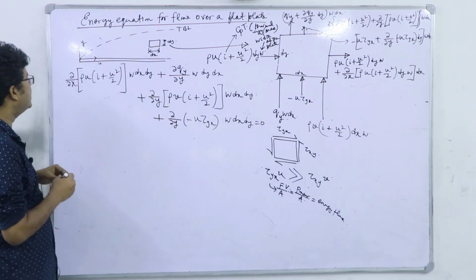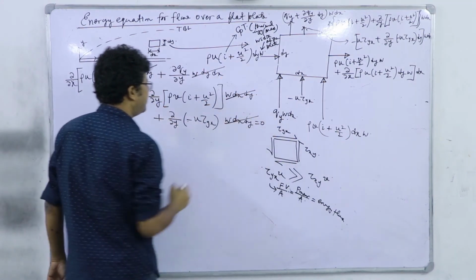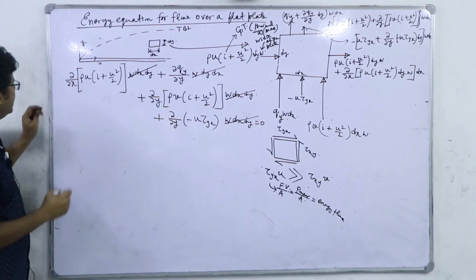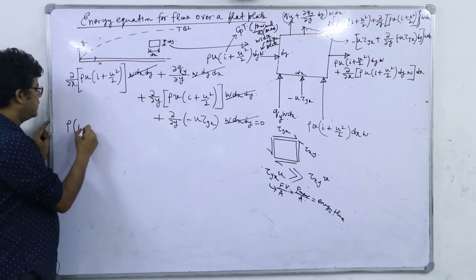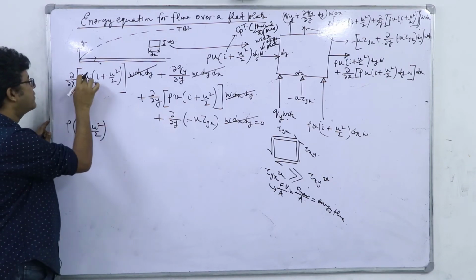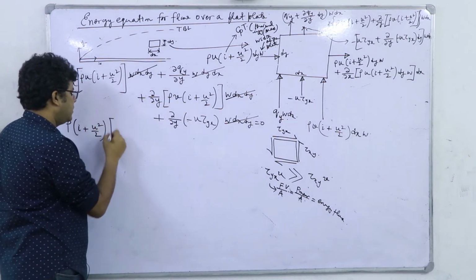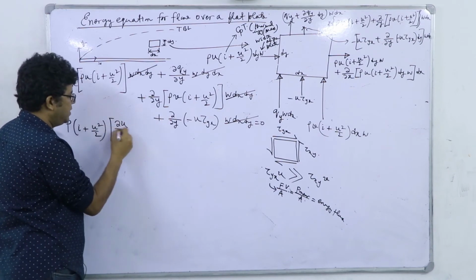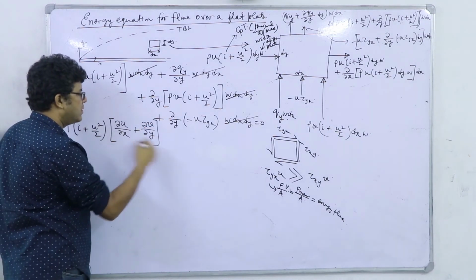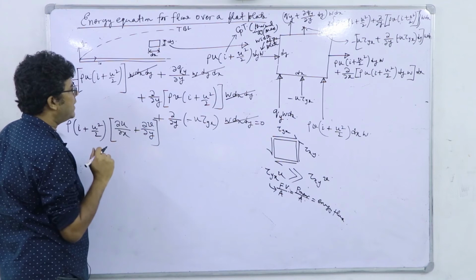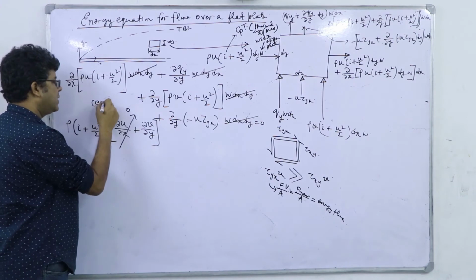Here you see what will happen: this w dx dy first we can drop, and here rho into I plus u square by 2, there are two derivatives, one with respect to u, another with respect to this term, and here this term with u derivative will be u del x, and here the v's derivative will be del v del y, right. So that's the first term. Next, this is equal to 0 from continuity.